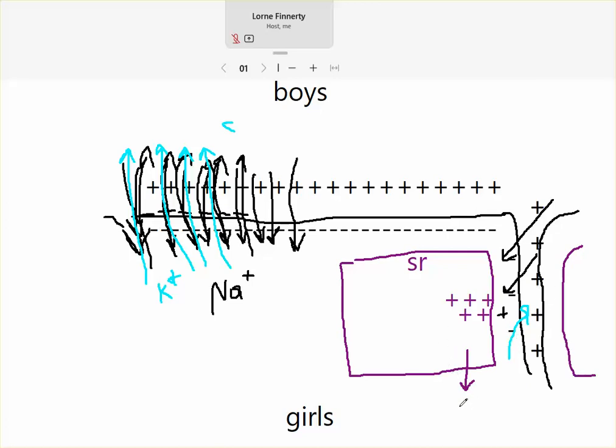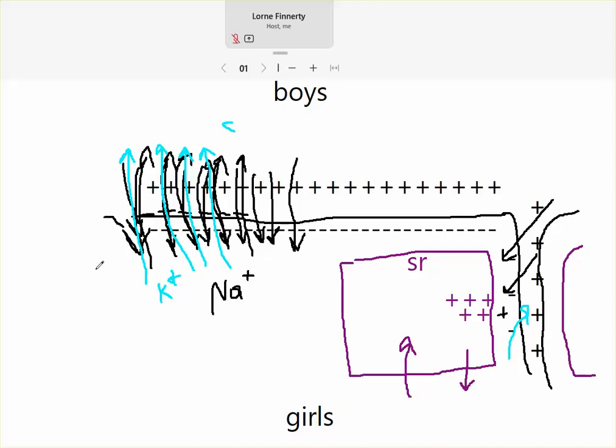And then, because these gates are closed, the calcium gets pumped back in by active transport of the calcium pumps. So when the sarcoplasmic reticulum is depolarized, calcium is released out into the sarcoplasm. And when the sarcoplasmic reticulum is polarized, calcium gets pumped back in.